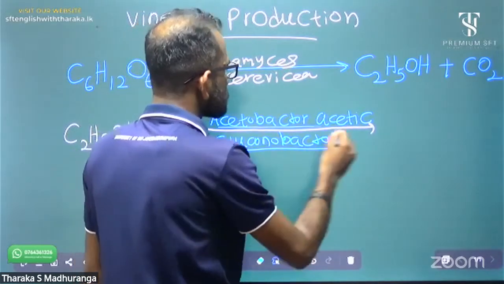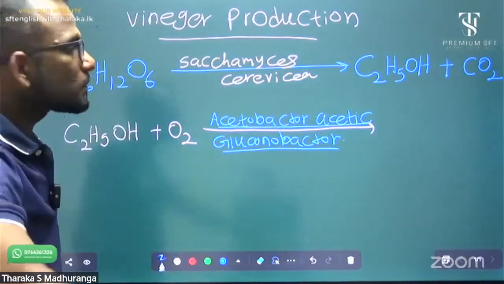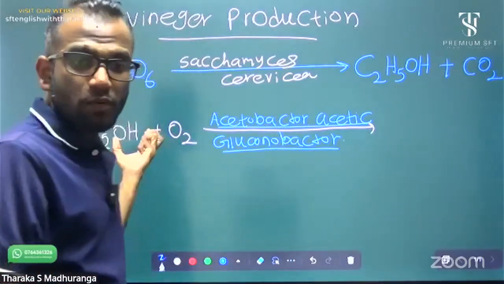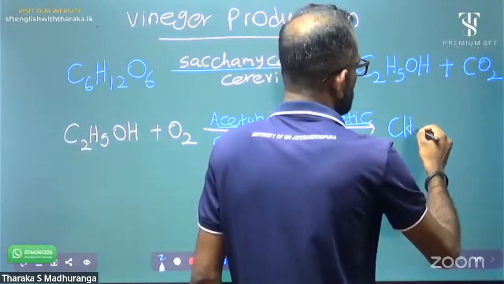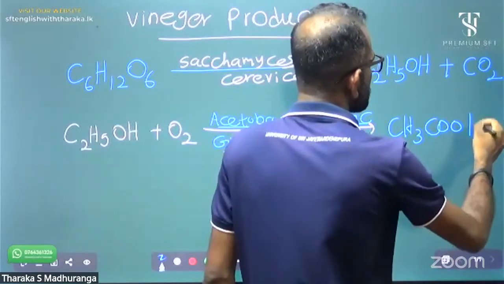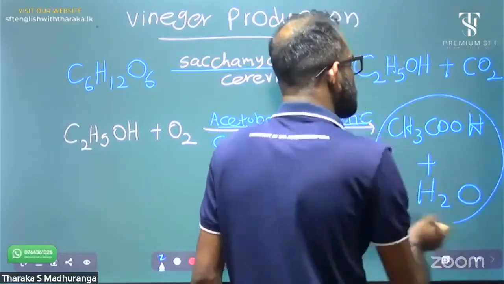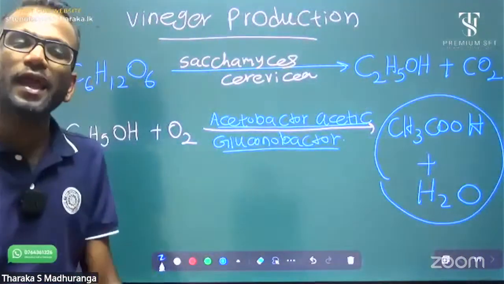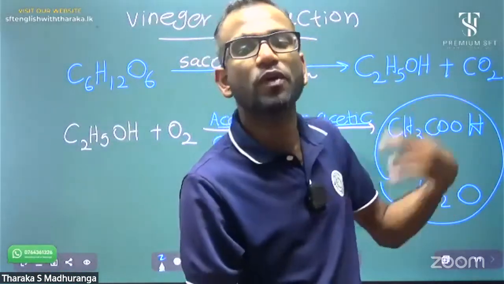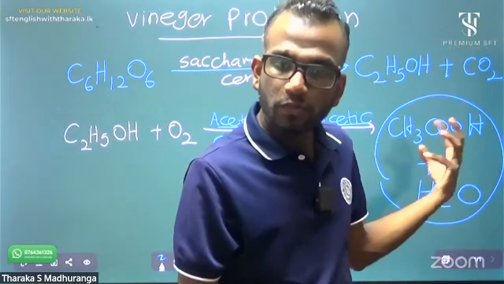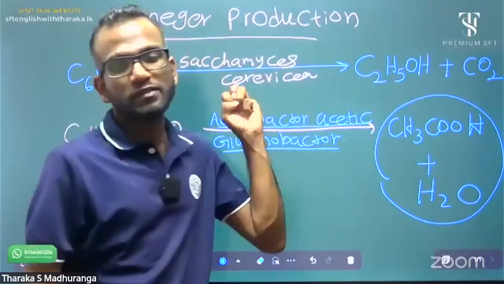What are they doing? This ethanol is converted into CH3COOH plus water. This water-soluble CH3COOH means acetic acid. This diluted acetic acid solution we call vinegar, that means acetic acid dissolved in water. This mixture we call vinegar.